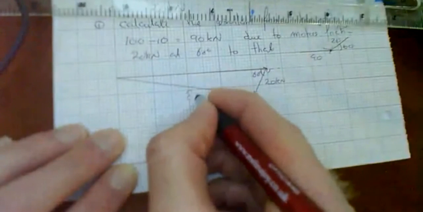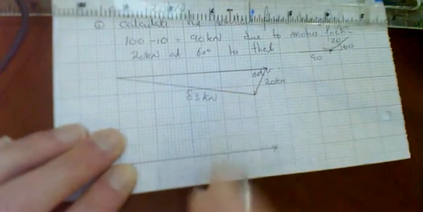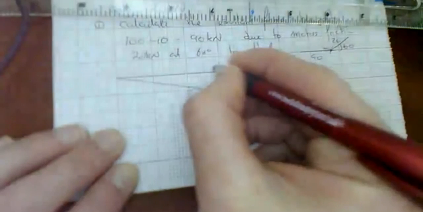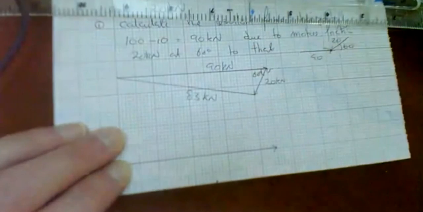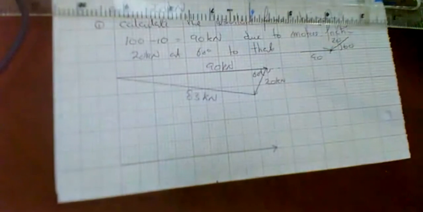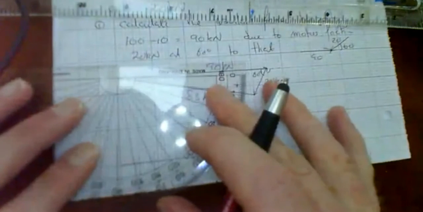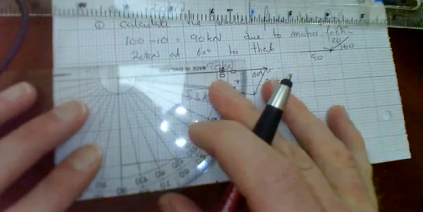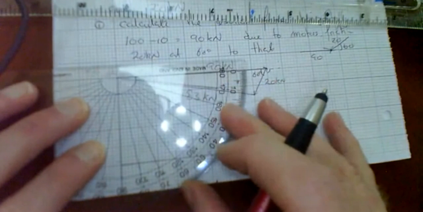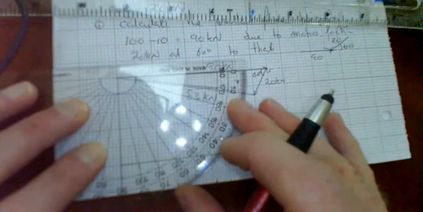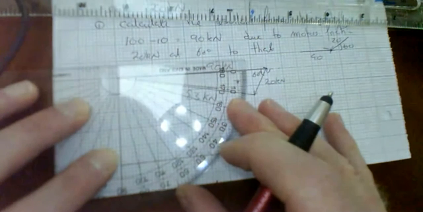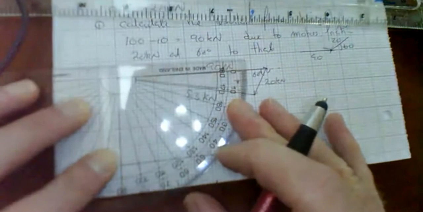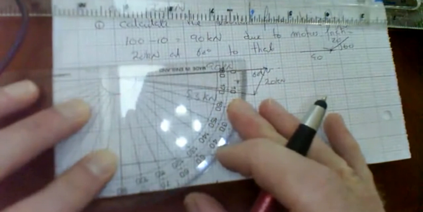So that's 83 kilonewtons. That was 90 kilonewtons. And then all I have to do is to measure my angle. And my angle is exactly 10 degrees. No, it's not. It's exactly 12 degrees.